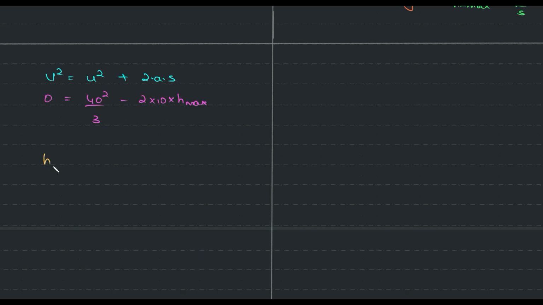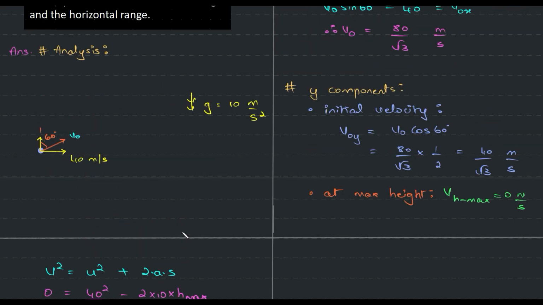Okay, so this will result in 1600 by 3 into 1 by 20. So this is 180 by 3. Oh, this can be further, sorry. Whenever I get 3, it's like, okay, it's not divisible. 60 meters, that's the maximum height.